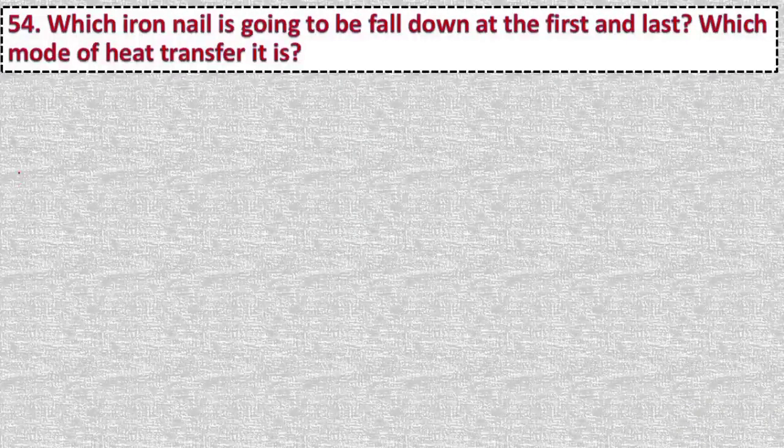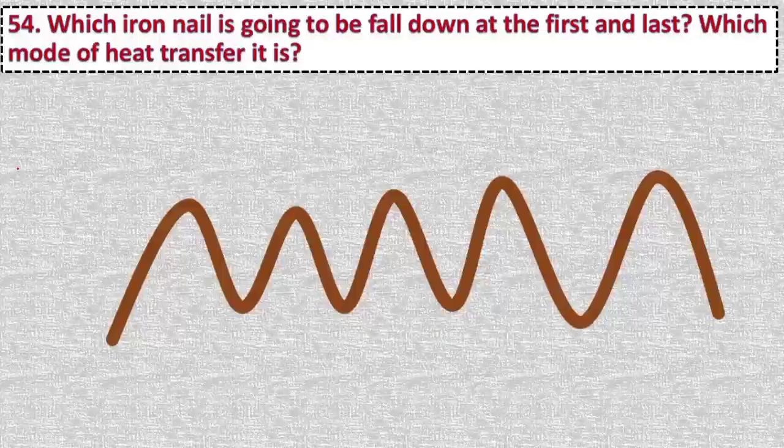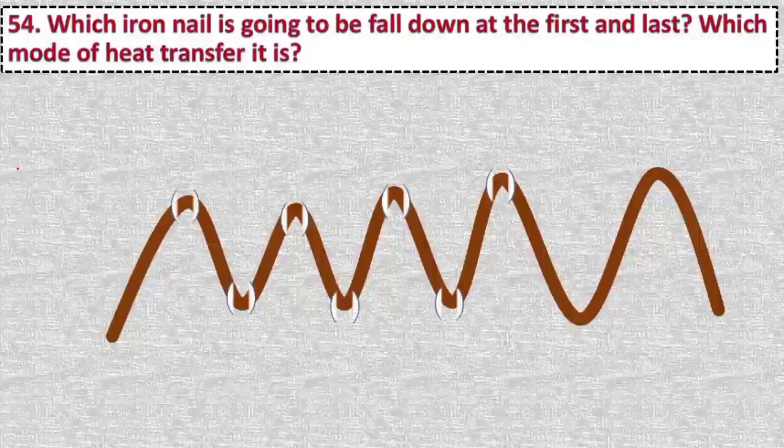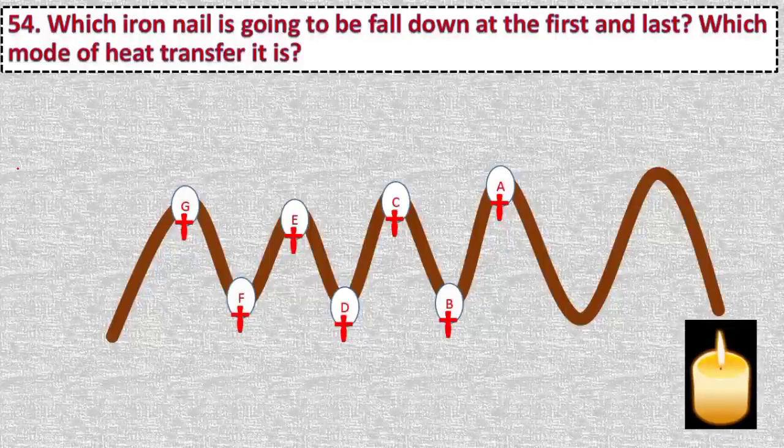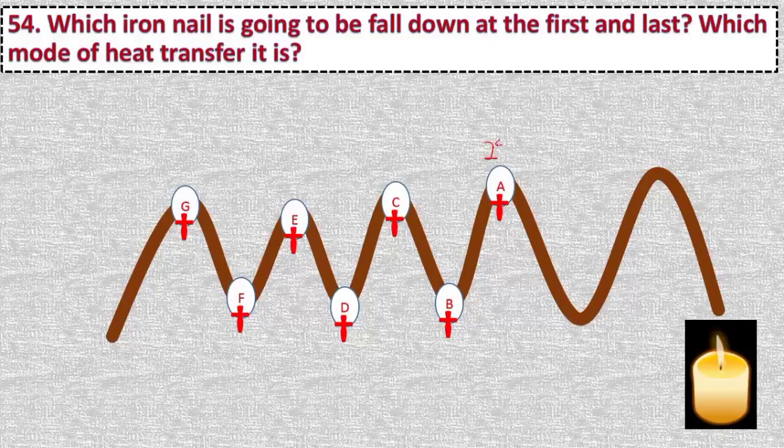Which iron nail is going to fall down first and last? Which mode of heat transfer is it? As it is made of iron, the mode of heat transfer will be conduction.